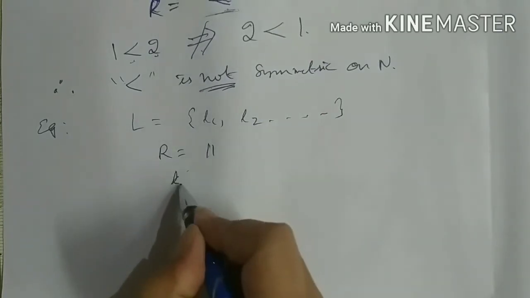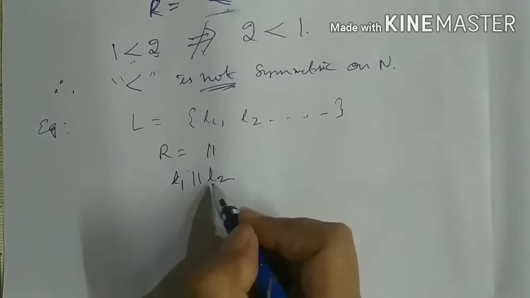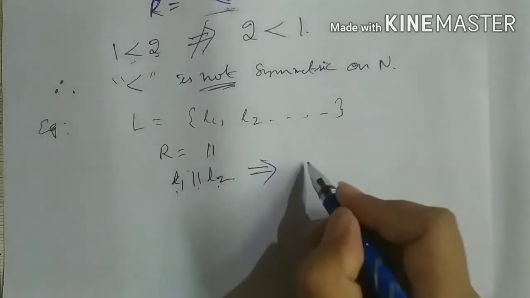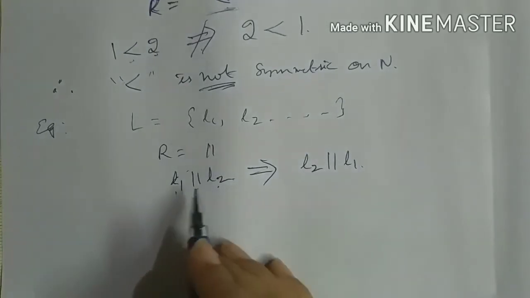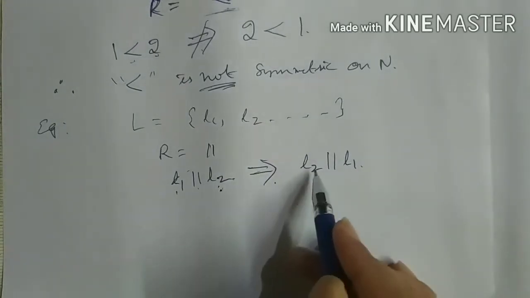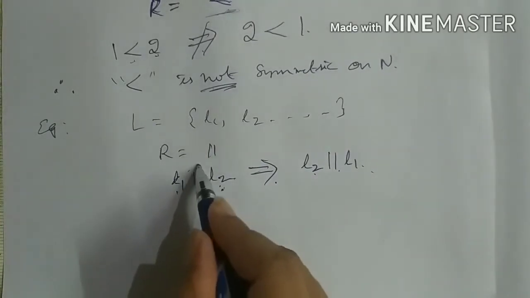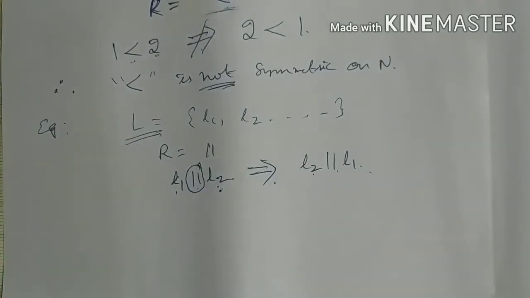We know that L1 is parallel to L2. That means L1 parallel to L2 definitely implies L2 parallel to L1. Therefore, the relation parallel is symmetric on the set of lines L.